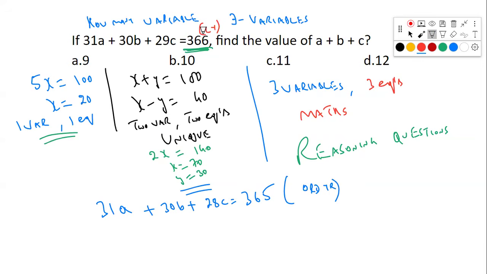So that means we are talking about days: few months have 31 days, few months have 30 days, and one month, depending on leap year or non-leap year, has 29. So if you are looking at A, B, C, they are denoting the number of months.